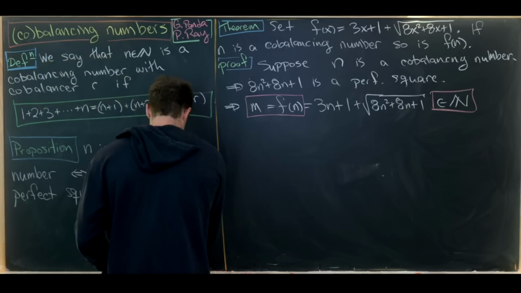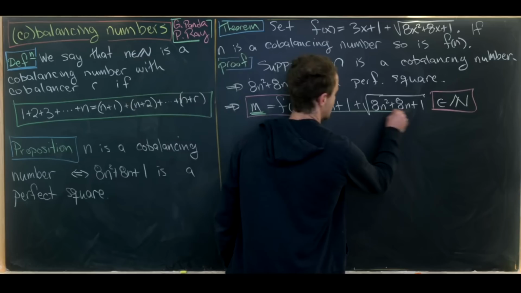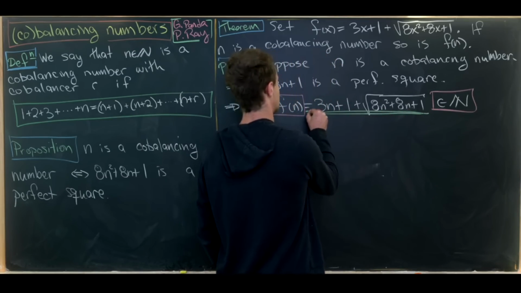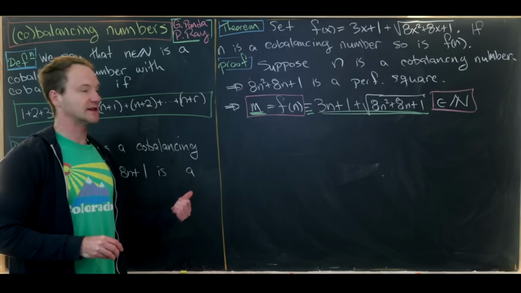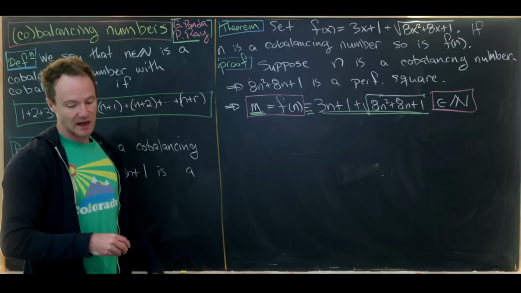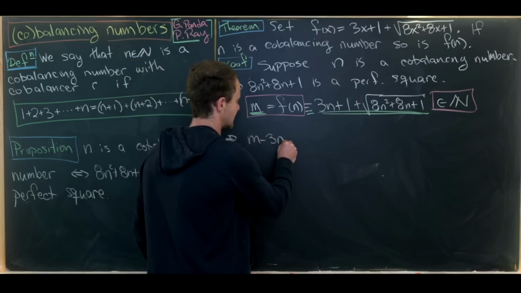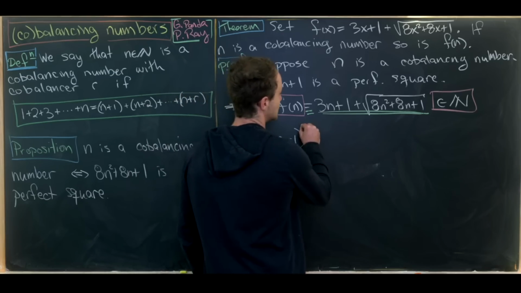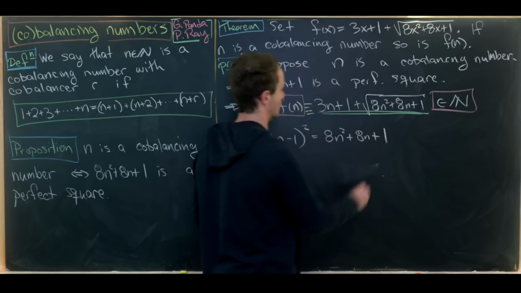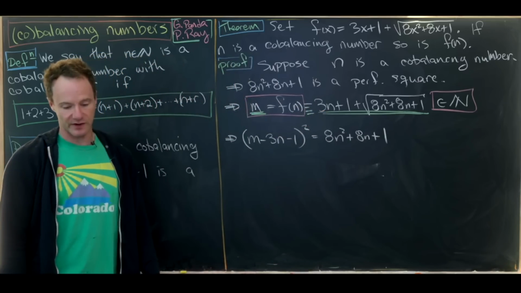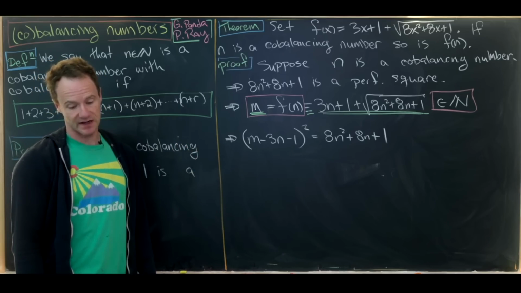Okay, now let's set up an equation and solve for n in terms of m. And this is the equation that we'll set up right here. So we'll have m equals 3n plus 1 plus the square root of all of that stuff. Now let's start to move some stuff around. So this is going to give us m minus 3n minus 1 squared equals 8n squared plus 8n plus 1. So I just subtracted the 3n plus 1 to the other side of the equation, and then I squared both sides.